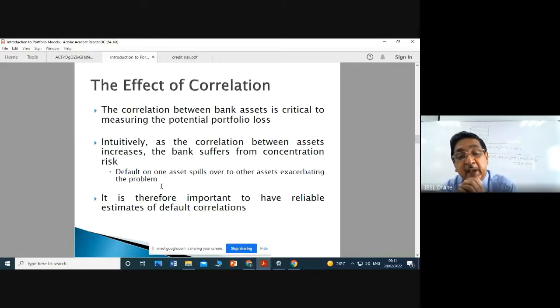That is what happens when the correlations are there. Strong correlation is there, it will happen. It is therefore important to have reliable estimates of default correlations. Say, for example, we just see the correlation through the returns. The same correlations can be applied to defaults also.